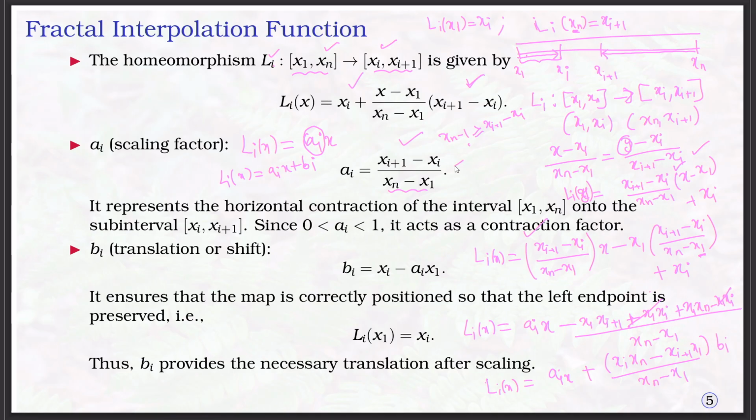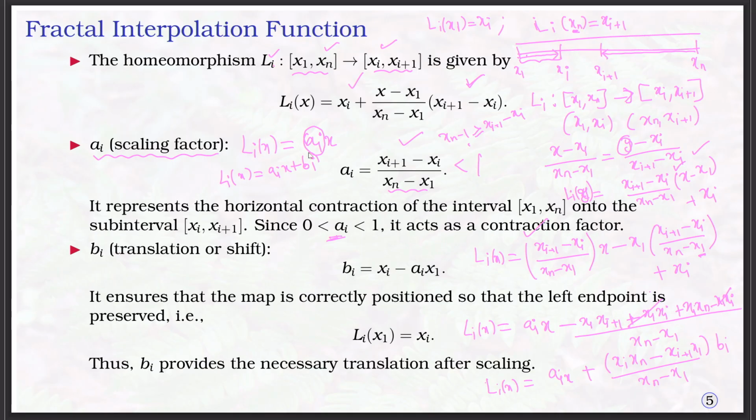Therefore, this term is always strictly less than 1. So, that ai is acting as a scaling factor. That means, ai if you are applying on this interval x1 to xn just compresses the whole interval into a smaller piece. That means, this Li is a contraction with the factor ai between 0 and 1, open 0 and 1. It acts as a contraction factor.